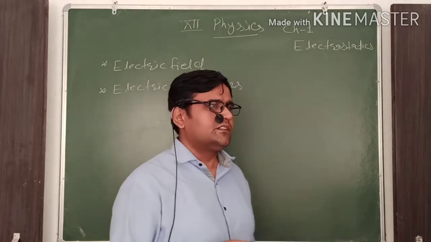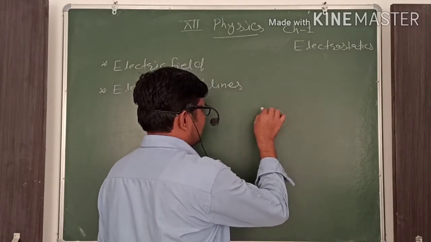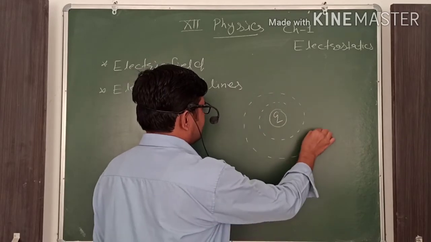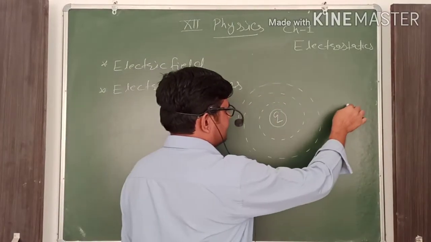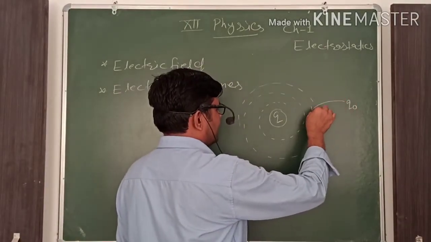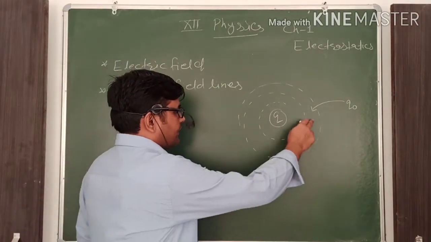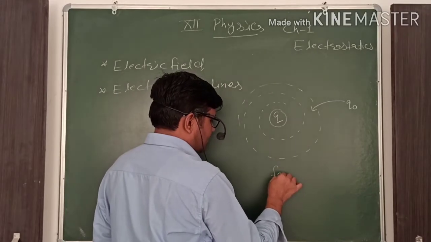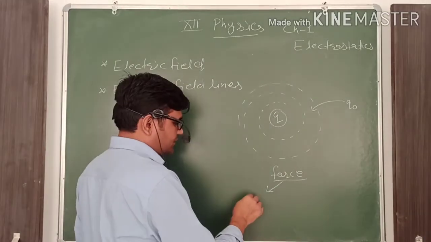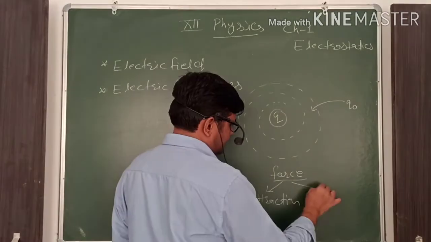But in this case, we consider a particular charge, suppose the charge Q. It has a particular region surrounding it, and when any other charge, like Q naught, moves into that region, it feels a force. This is the electrostatic force, and its nature may be an attraction force or a repulsion force.